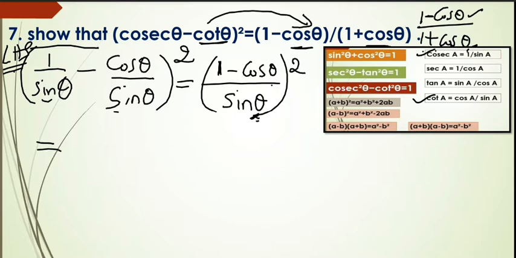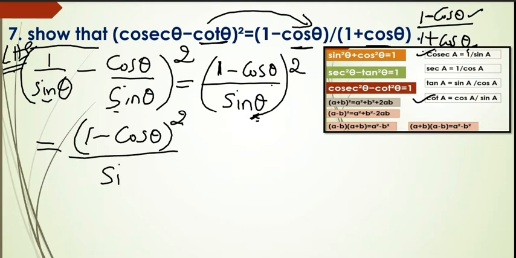First separate this square: 1 minus cos theta whole square. So this square we have to cancel by using some rules. And here in the denominator sin square theta is there, and observe that in the target there is no sin square theta in the denominator; it is 1 plus cos theta. So convert this sin into cos, using this trigonometric ratio.